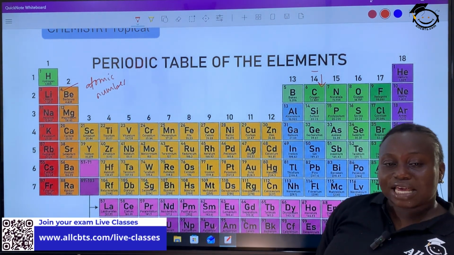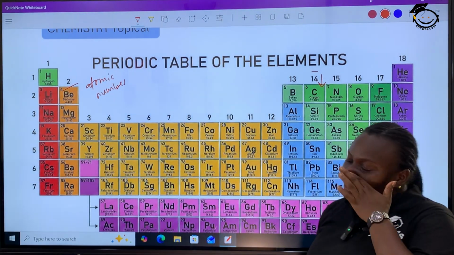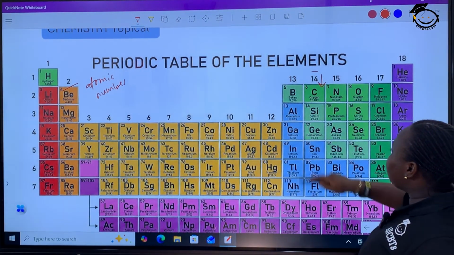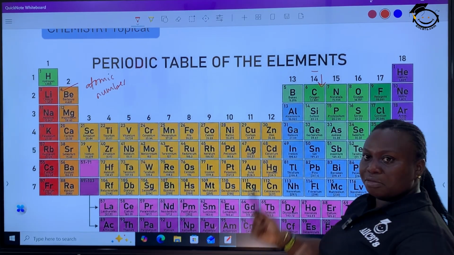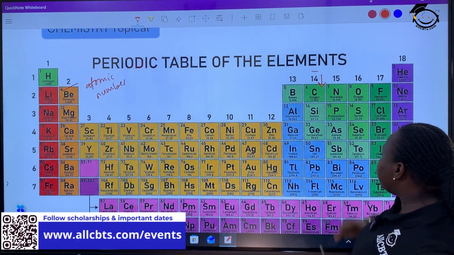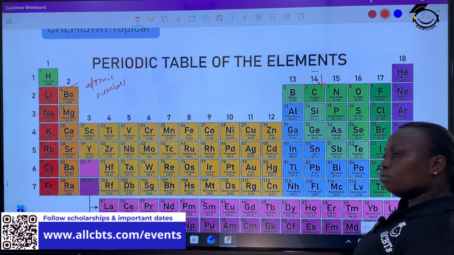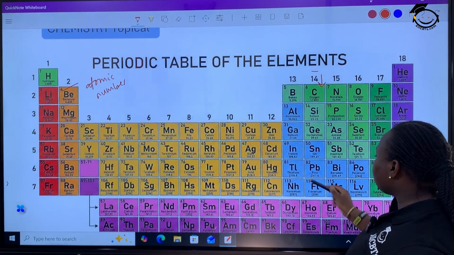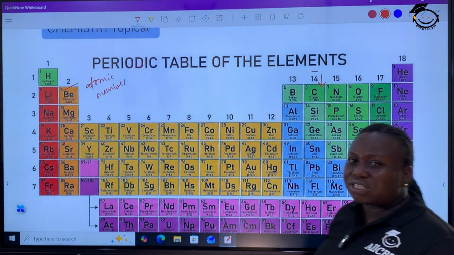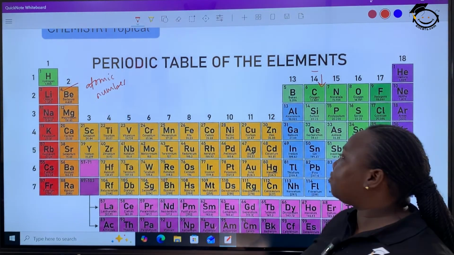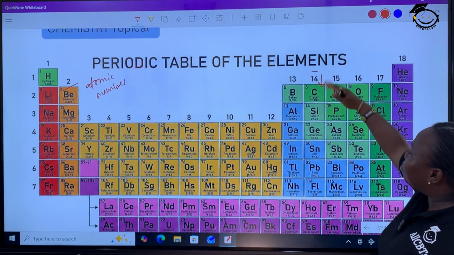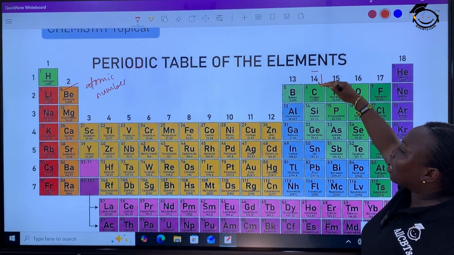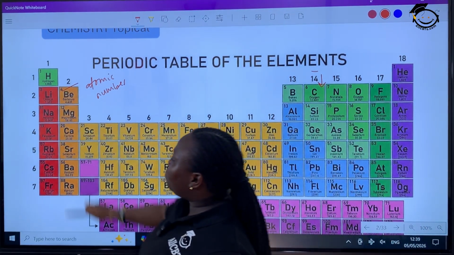That means it's neither a metal nor a non-metal. Germanium is a metal. Tin is a metal. Lead is a metal. This one too is a metal. Now can you notice a trend here? The trend is that as you go from up to down, you are going from non-metals to metals.